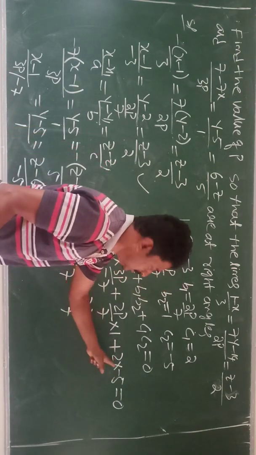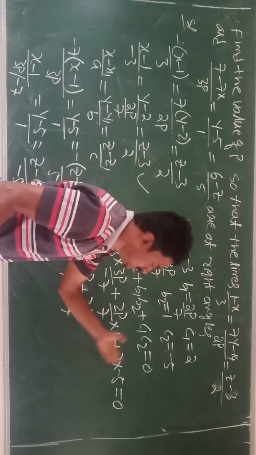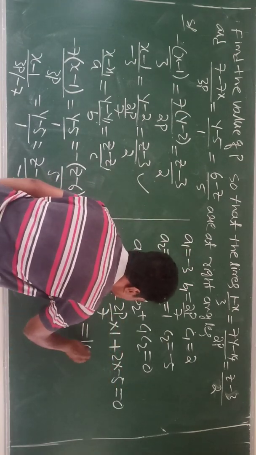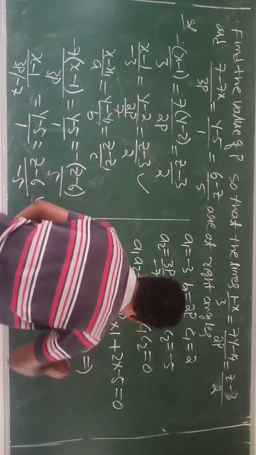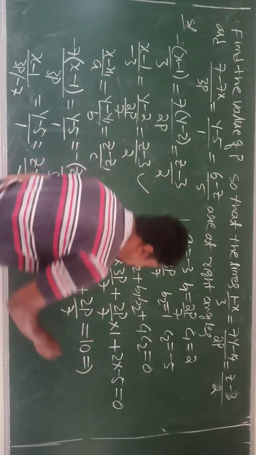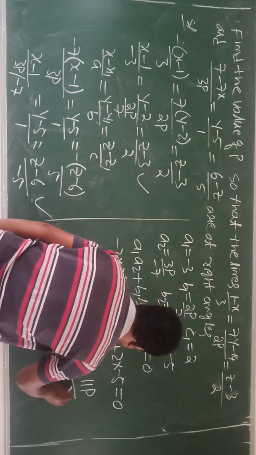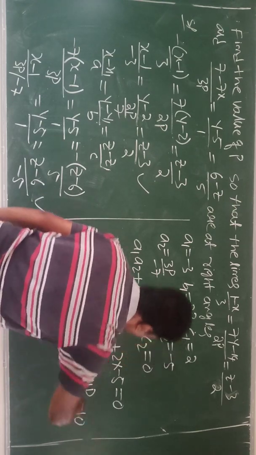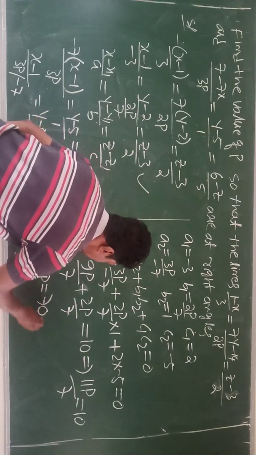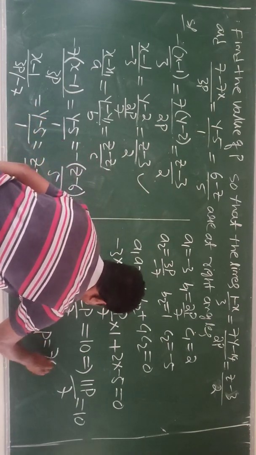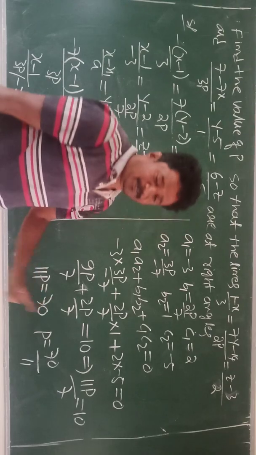Five 2s are 10, sent to the right side. Same denominators, add the numerators: 9 plus 2, 11p by 7 is equal to 10. Cross multiply: 11p is equal to 70. P is equal to 70 by 11. We got the p value, students.